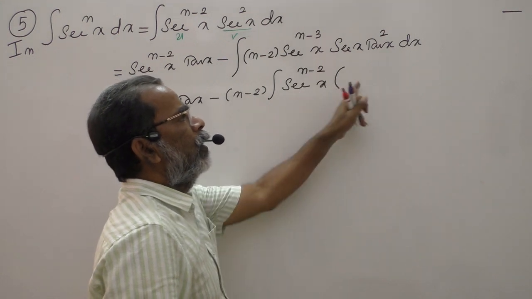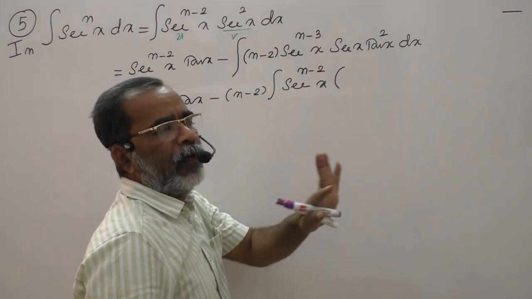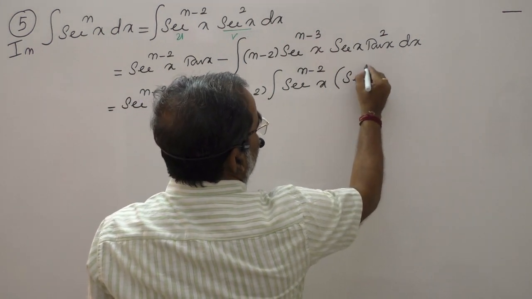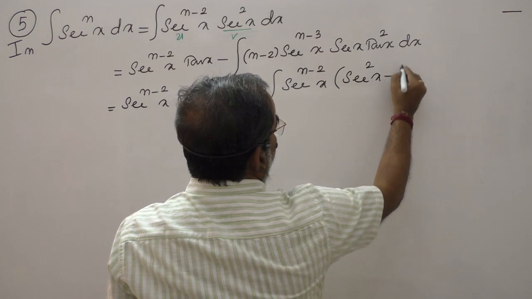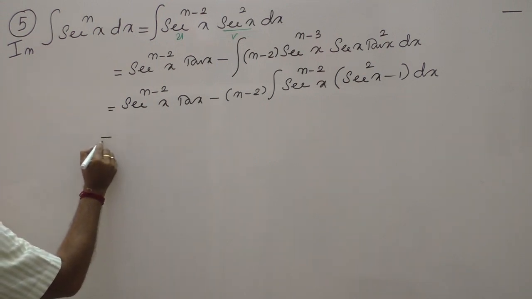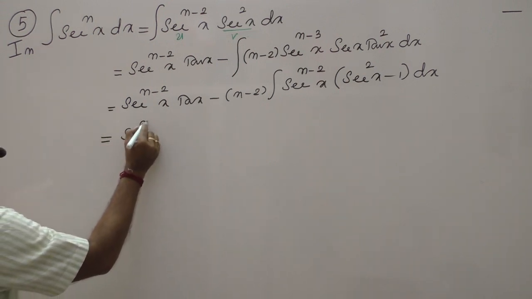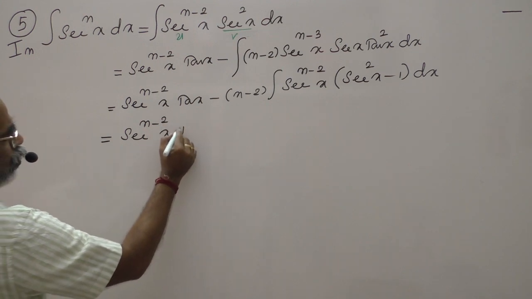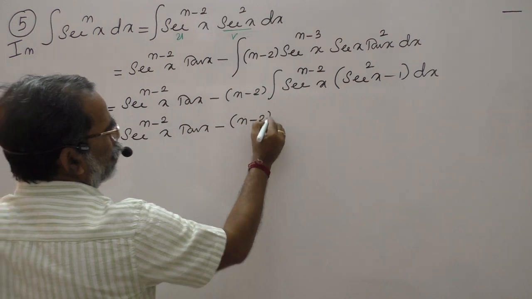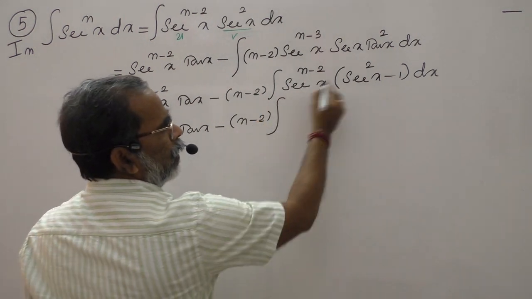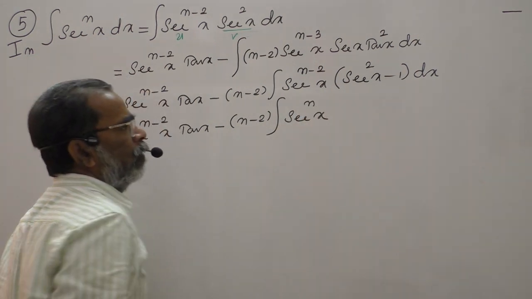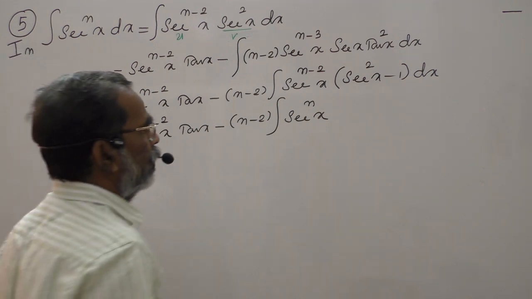If you want to apply integration by parts, for tan square there is no direct integral. Therefore I will write tan square as secant square x minus 1 into dx. Yes, therefore this is equal to sec power n minus 2 x into tan x minus of n minus 2 into integral. Let us multiply. If I multiply these two, I will get sec power n minus 2 into sec power 2.